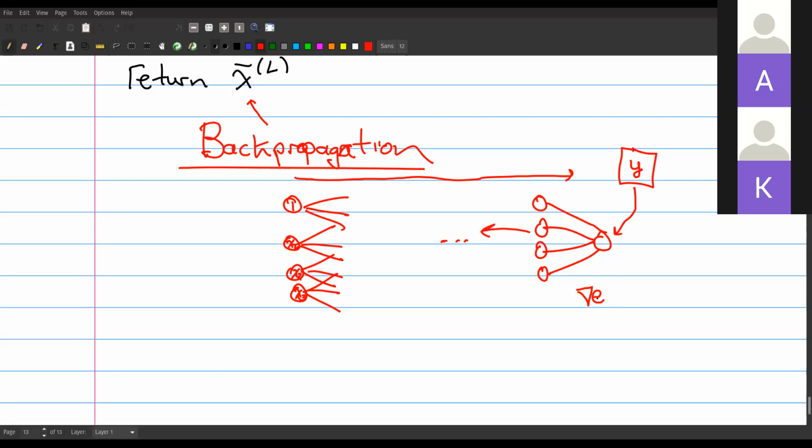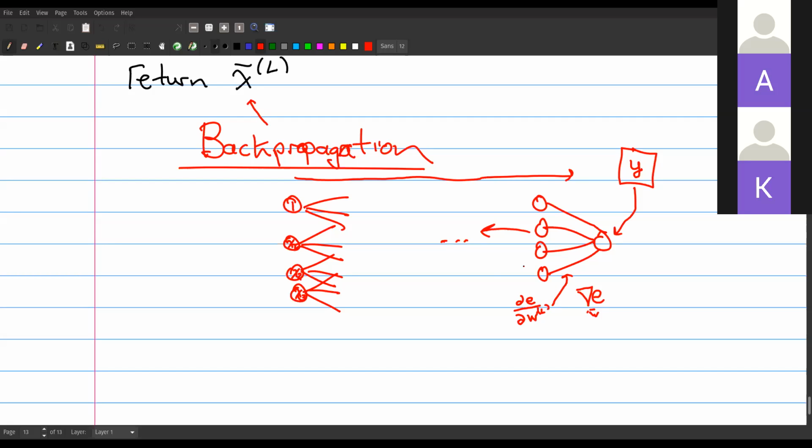In order to compute this, remember this is with respect to the entire parameter vector. Instead of trying to compute it all at once, we're going to compute it layer by layer. So this will be the derivative of the error for this particular training instance with respect to this layer.